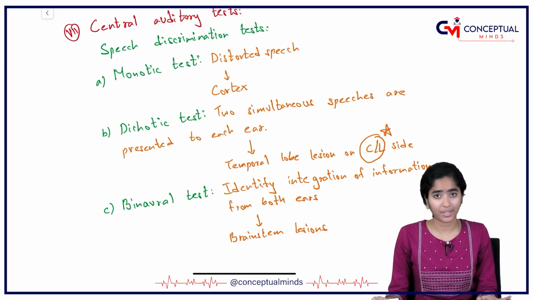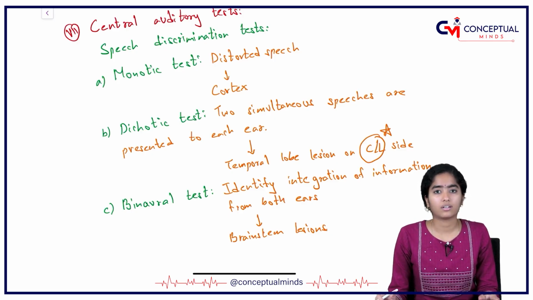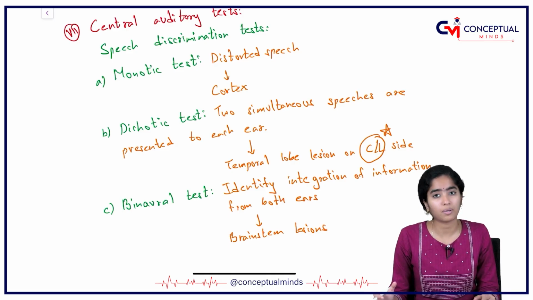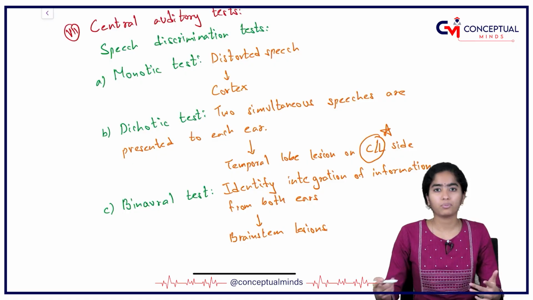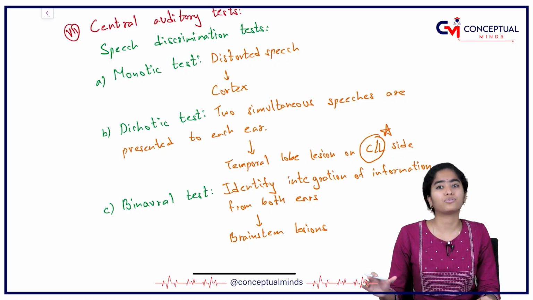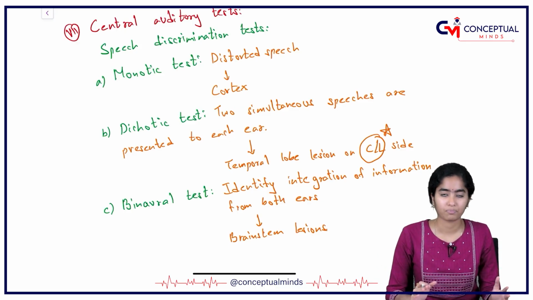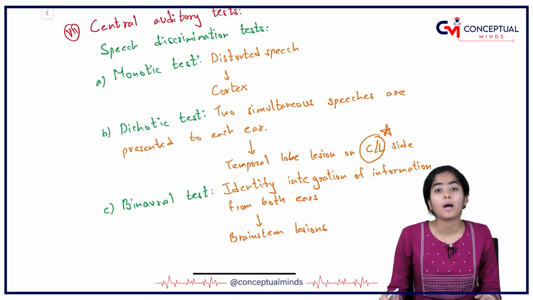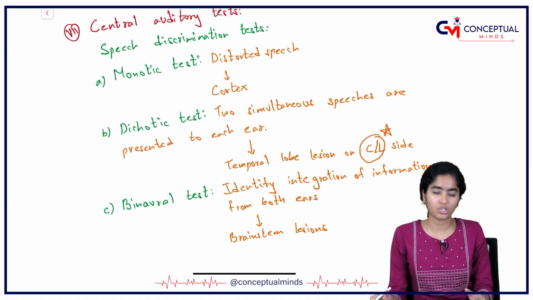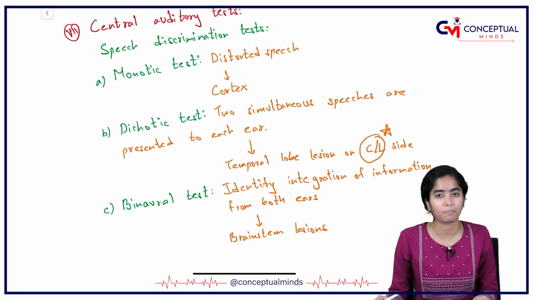Central auditory tests are not very popular because they are affected by so many factors, and if the person has a brainstem lesion, it is not just his hearing that is affected. There are so many problems all through, and hearing is just one of the parameters checked in such a patient. That becomes a neurological case, and so many tests are done to identify the lesion. Per se, in a hearing loss patient, we generally do not do central auditory tests, but they can be done at the end stage to give us a clue about where the lesion is.